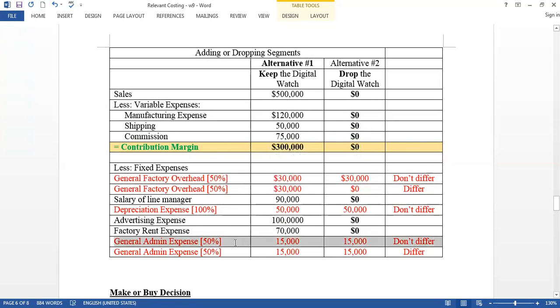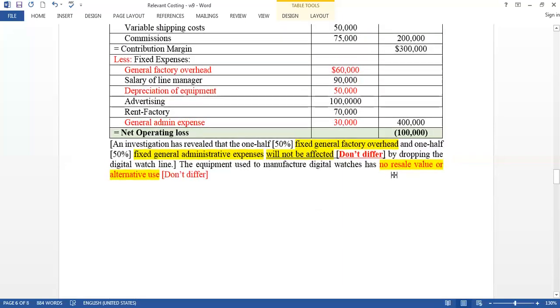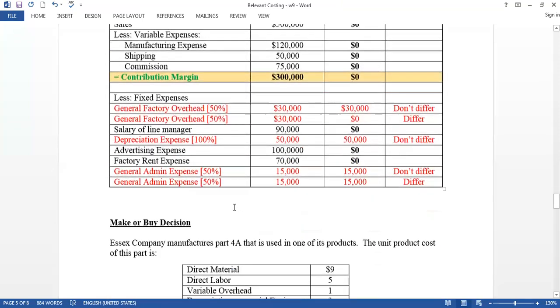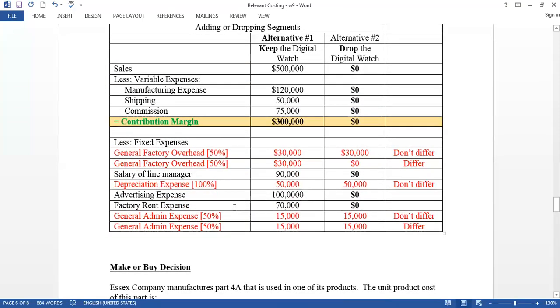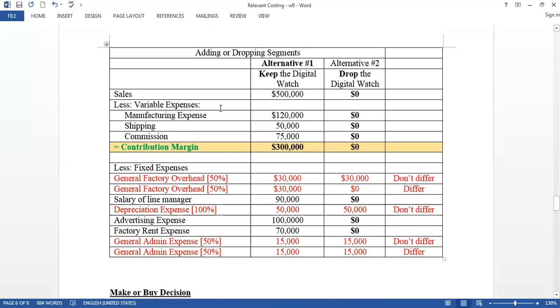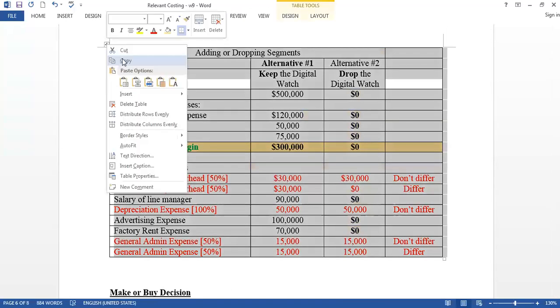50% don't be affected, but depreciation expense 100% because I did not change the depreciation expense. I changed only the first part, right? And I said here the machine does not have any resale value or alternative use. That means 100% differ. 100% don't differ. Now this is the new. If I copy this, this is your workings first, right?